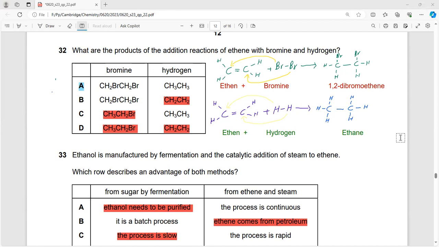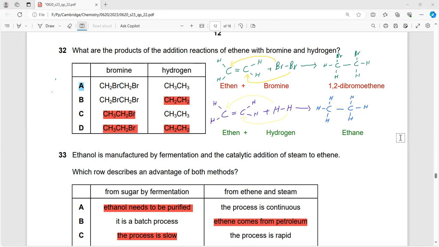In the same way, if we have ethene, it will react with hydrogen. This is an addition reaction, and this will produce ethane. So A is our correct form. You can see CH2Br and CH2Br. That's a correct formula. And in the same way, the addition of hydrogen produces alkane. So A is our correct option.